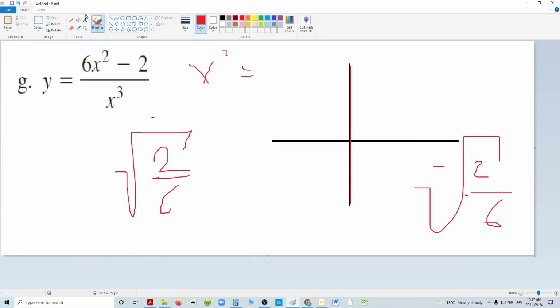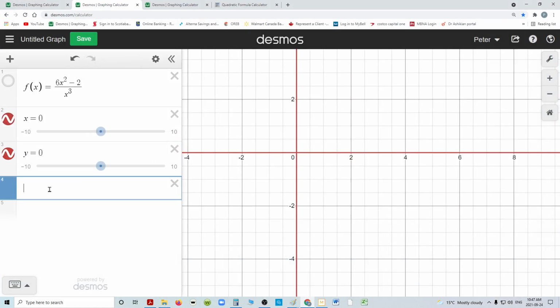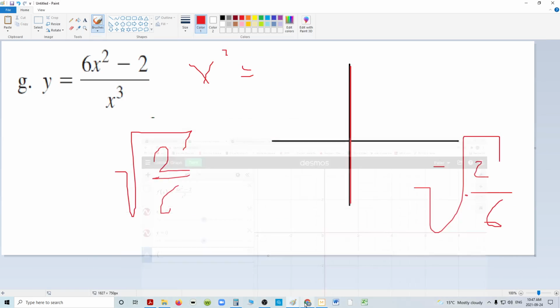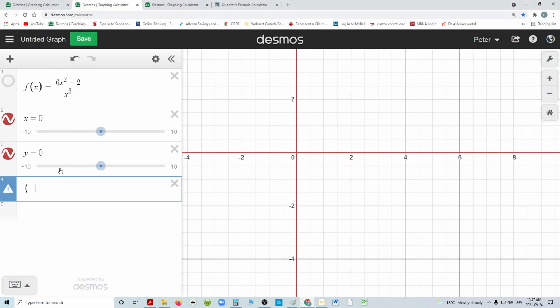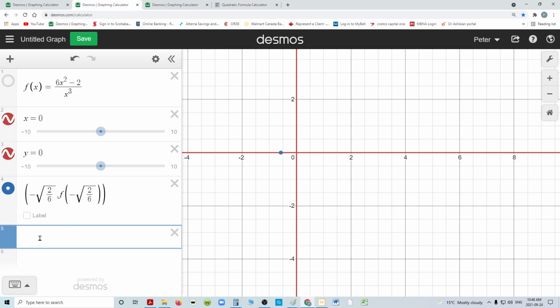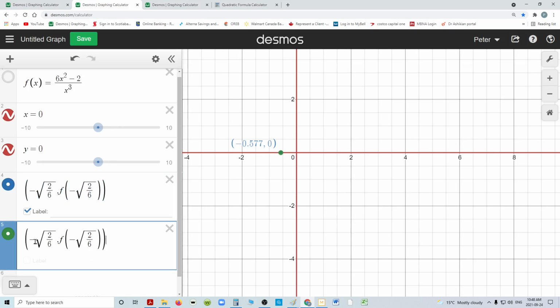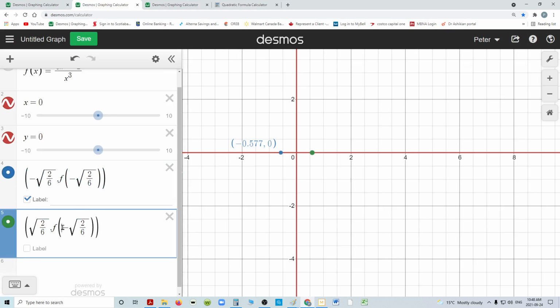Another step I need to do, now I've also said I've determined that the x-intercepts are negative square root of 2 over 6, comma, f of negative square root 2 over 6, and the positive version of that. So those are going to be the two intercepts.